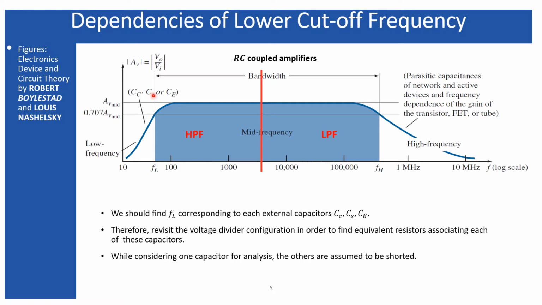So in this case also, we have to investigate the small signal low frequency model. What are the equivalent resistors which appear and associate with each of these capacitors? And here also, when I'm considering one capacitor for my analysis, I should consider all other capacitors as behaving as a short circuit.